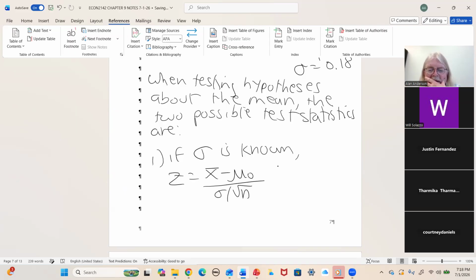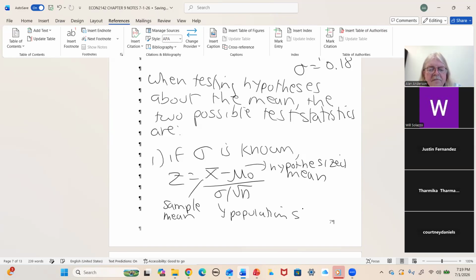So you recognize all of these. This is the hypothesized mean. Of course, everyone recognizes this is the sample mean. Standard deviation. And this is the sample size. We know that.